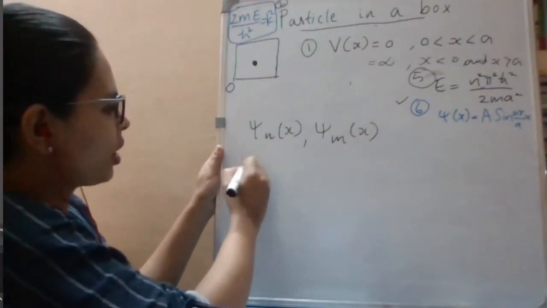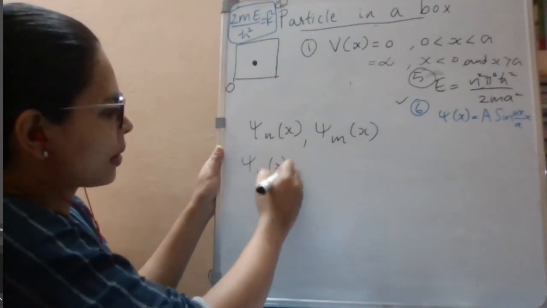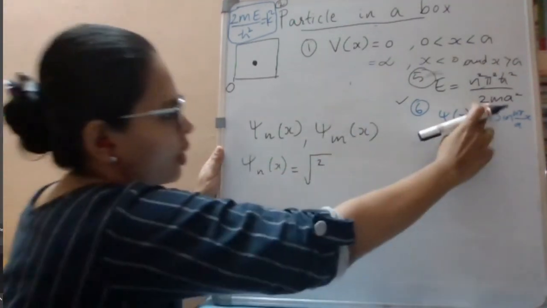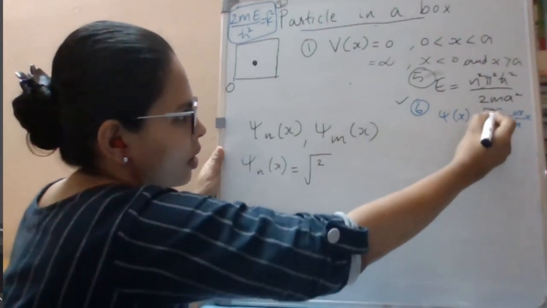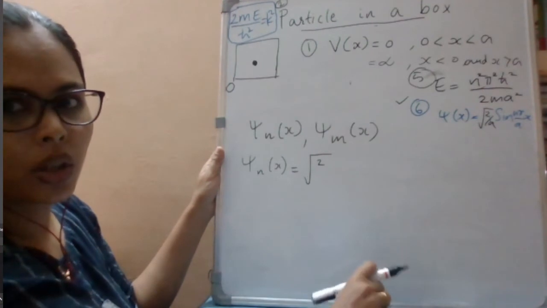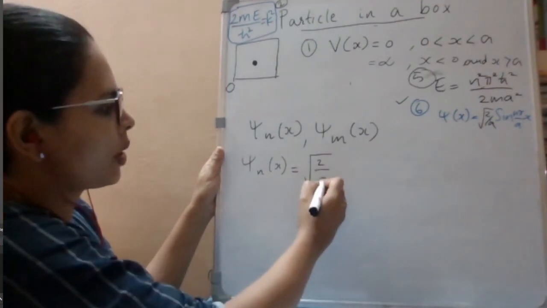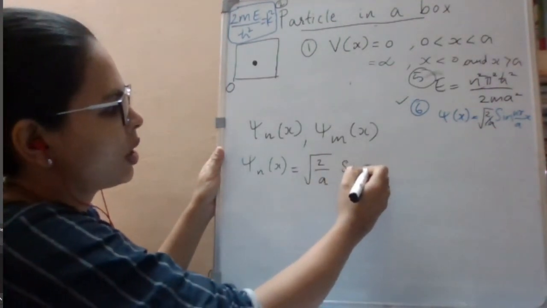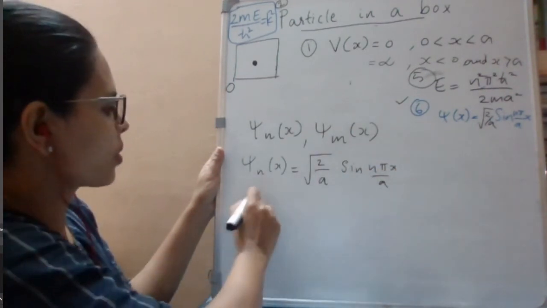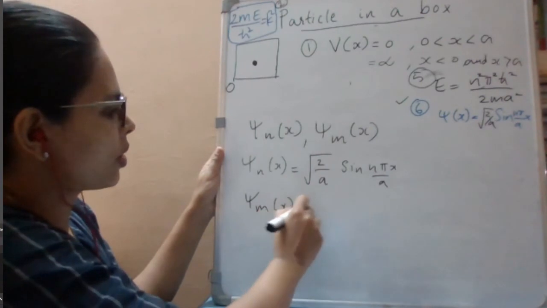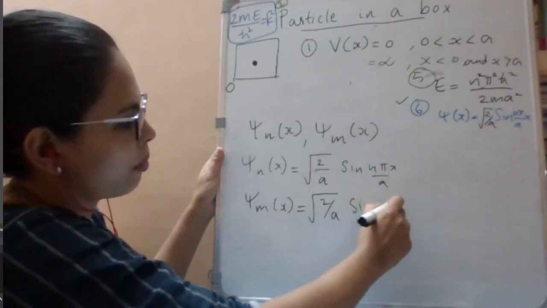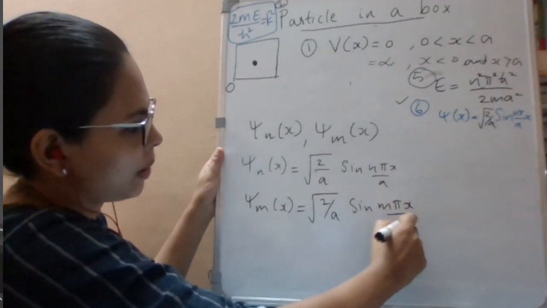So psi n of x can be written as our constant, square root of 2 by a, times sine nπx by a, and also psi m of x is equal to square root of 2 by a sine mπx by a.